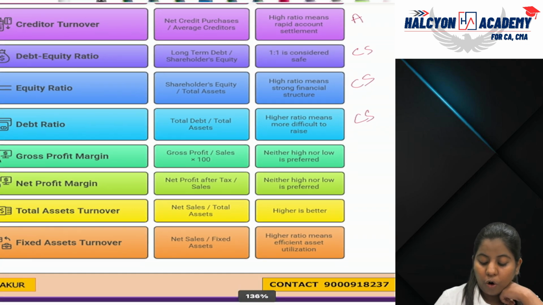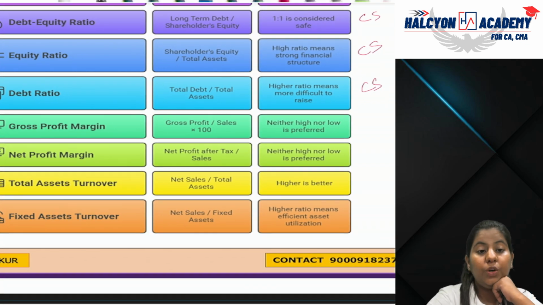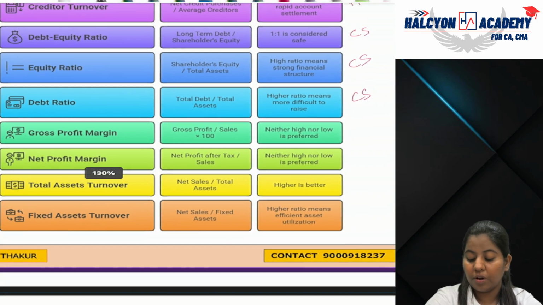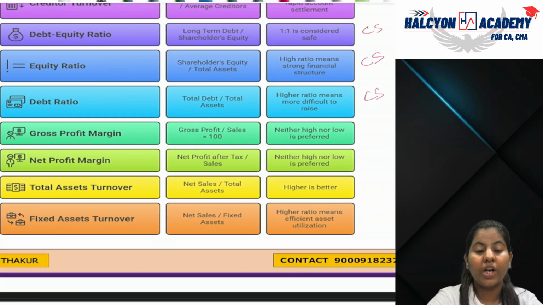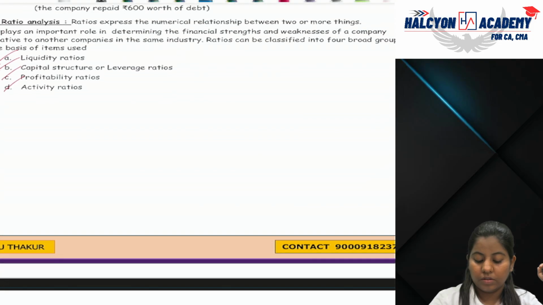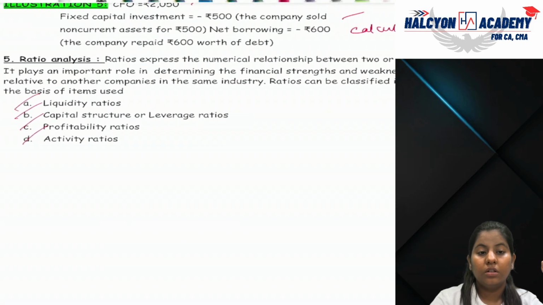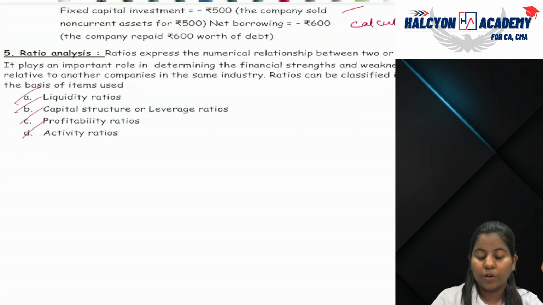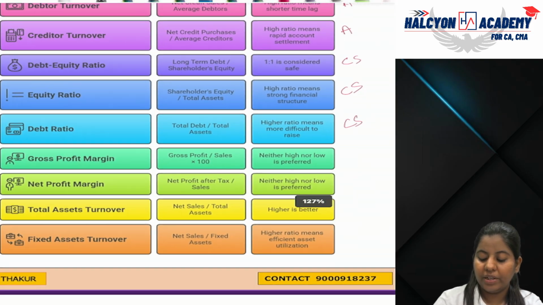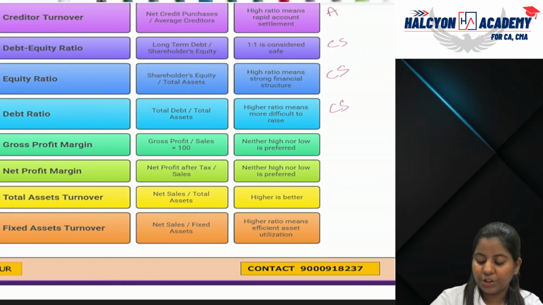Then gross profit margin. Out of these four, in which category would gross profit ratio come? It will be a profitability ratio.